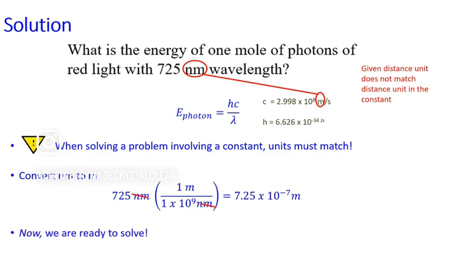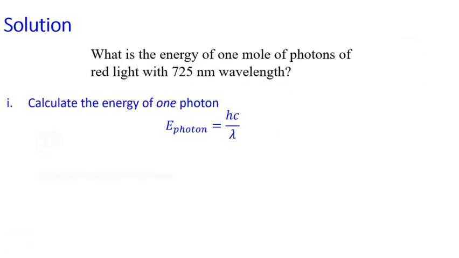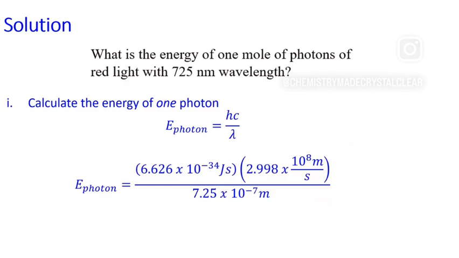Now we can get serious, roll up our sleeves, solve the question. I'm going to go right ahead now and plug in the Planck constant, multiply this by the velocity of light in a vacuum, and now divide by my new and improved wavelength in units of meters. In so doing, you can see how the seconds units in the Planck constant cancel with the seconds units in the velocity term.